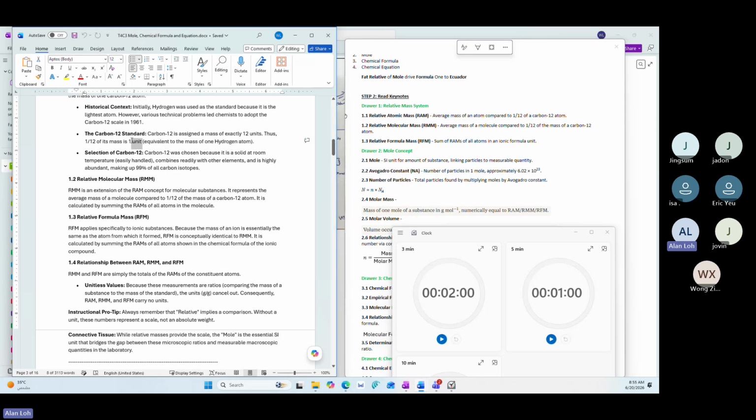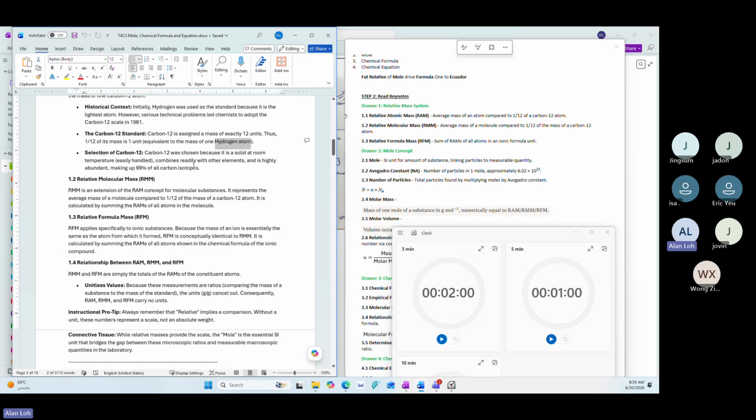So how heavy is carbon 12? You cannot weigh it. You cannot tell exactly whether it is 70 kg or 20 kg or 1 gram or 0.2 grams. It's so light. So they use relative. Carbon 12 is 12 times heavier than hydrogen atom. So that's why it is called carbon 12.